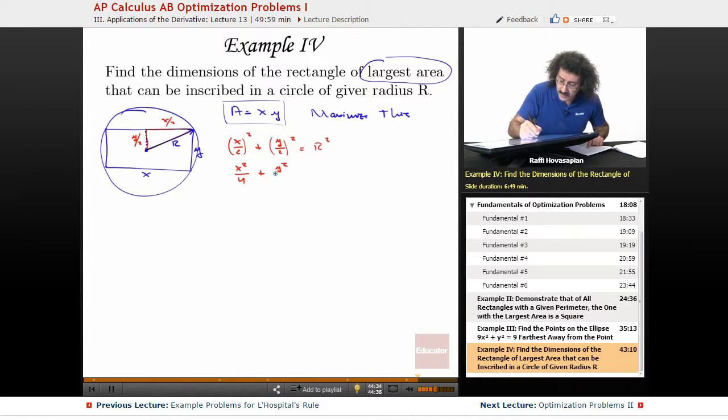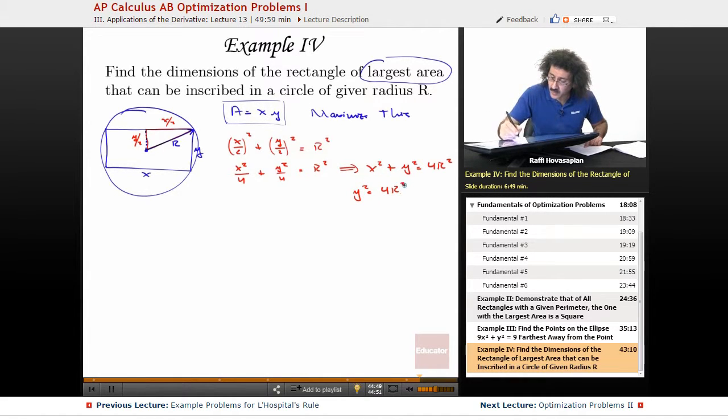So I've got x squared over 4 plus y squared over 4 equals r squared, which gives me x squared plus y squared equals 4r squared, which gives me y squared equals 4r squared minus x squared, which gives me y equal to the radical of 4r squared minus x squared.